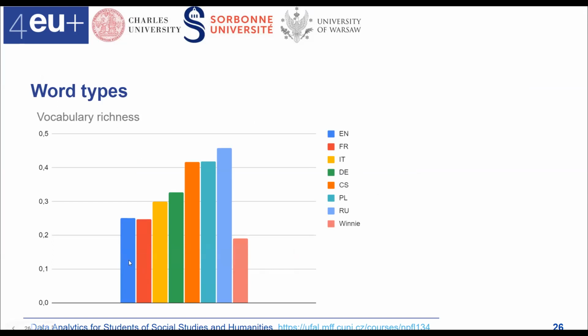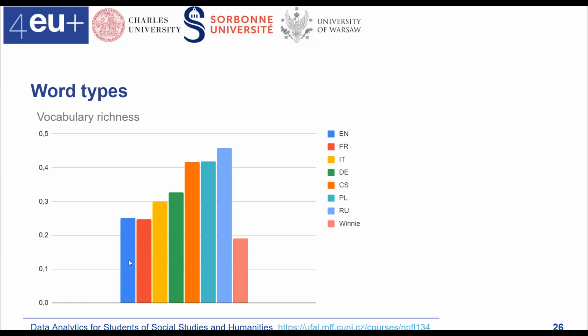We see there is a slight difference, because though Winnie the Pooh is a sort of belles-lettres prose, that means that it would have a richer vocabulary, that is not true, because it is addressed to children. So this vocabulary richness is a bit lower than in the case of the English version.